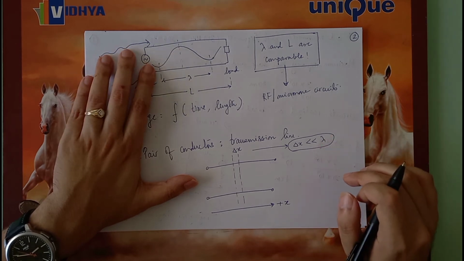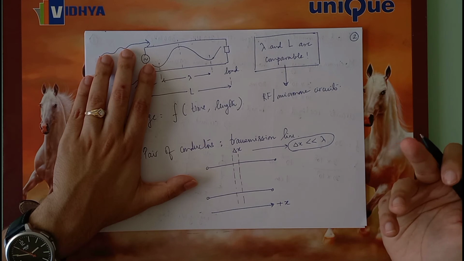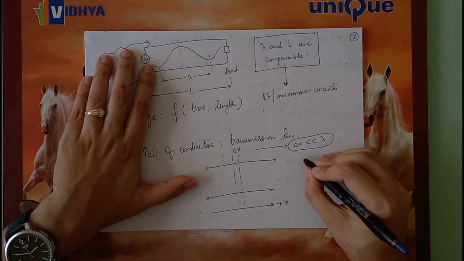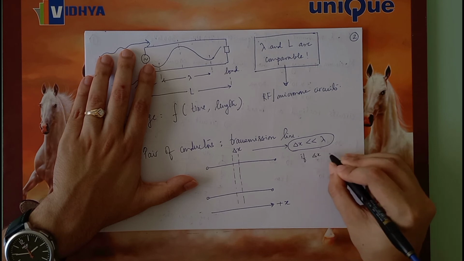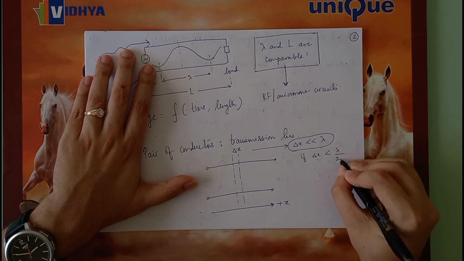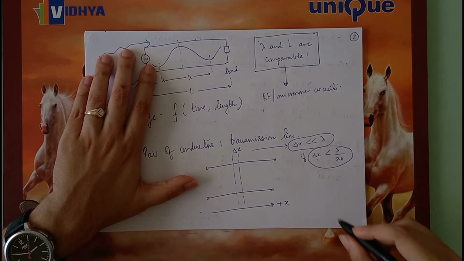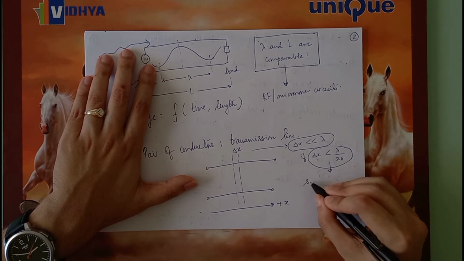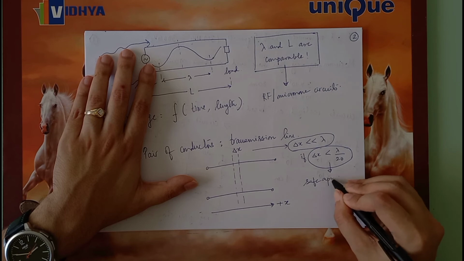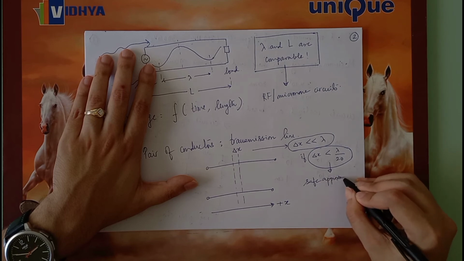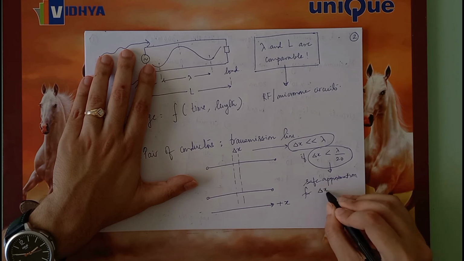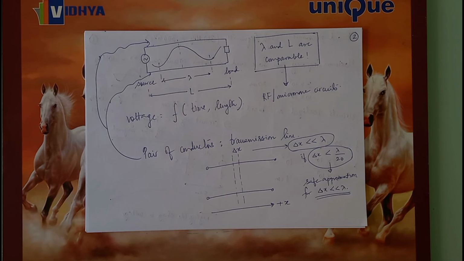But practicing engineers do put a number, saying that if delta x is less than lambda by 20, this is considered a safe approximation for most applications.